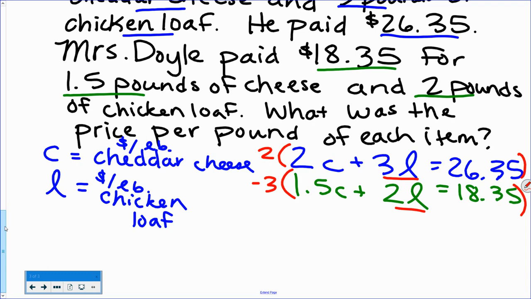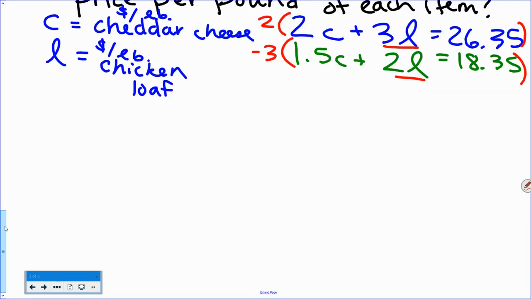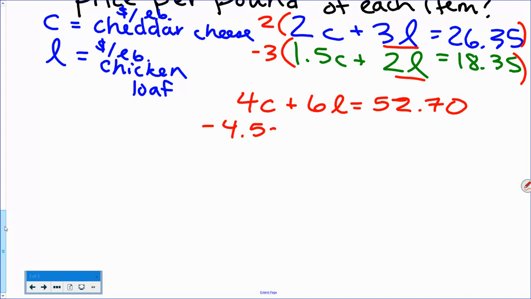So that is my instinct to solve this problem. So let's write that out. So I've got up on top 4C plus 6L would equal 52.70. The bottom equation, I'd have -4.5C minus 6L, and 18.35 times -3 is -55.05.